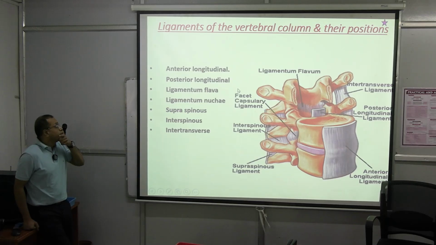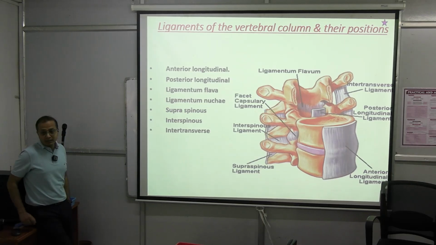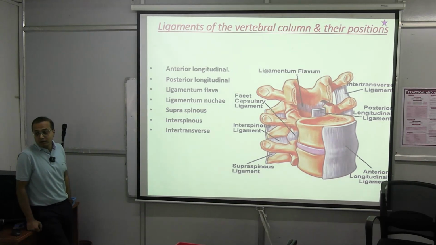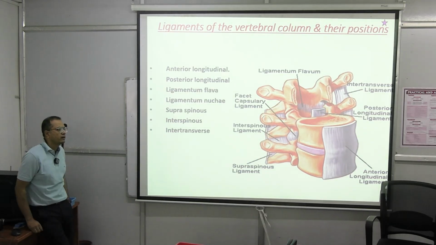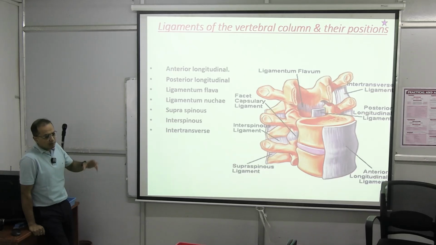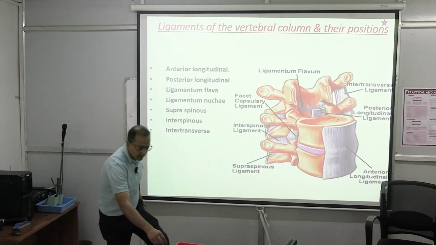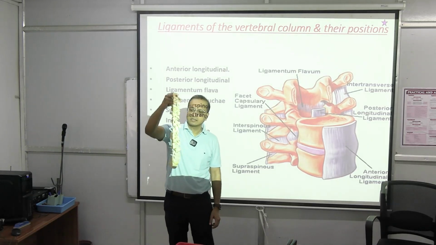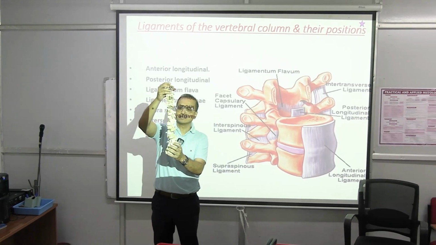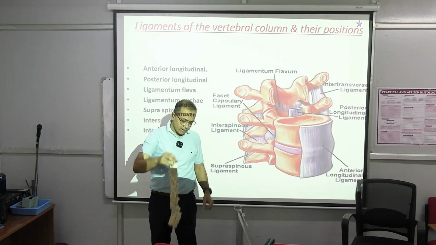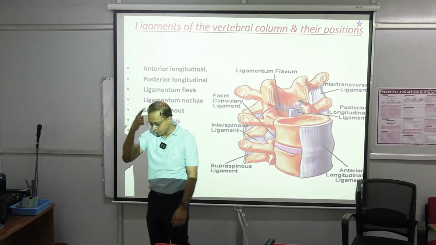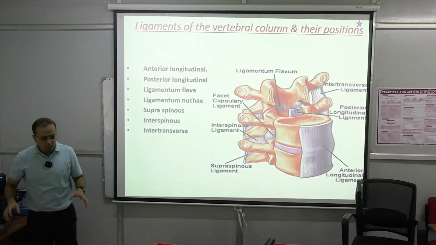Now, coming to the ligaments present in the vertebral column. There are several ligaments between the vertebrae which hold or make up the vertebral column, as the vertebrae are stacked one after another. To hold the vertebrae in normal position, we have a number of ligaments, some running throughout the length and some throughout the breadth.